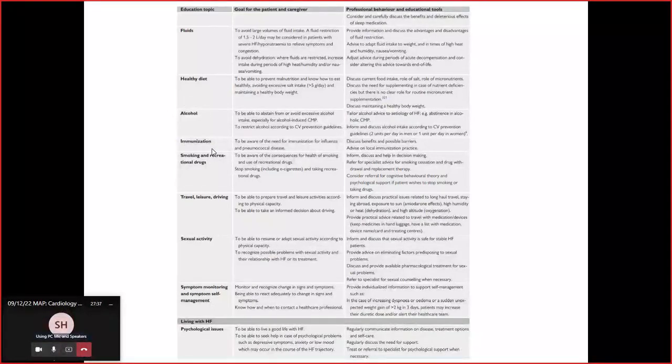You have to have flu immunization every year, and quit smoking. Definitely the patient will ask about traveling, driving and sexual activity. So we have to educate the patient about everything after discharging him.